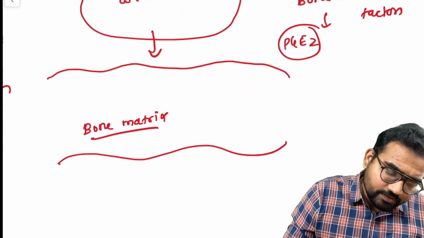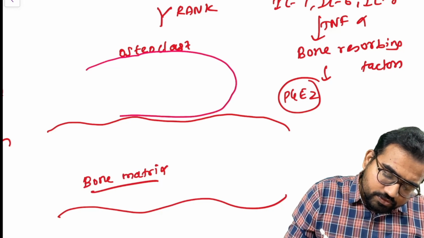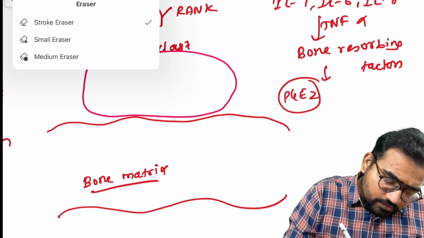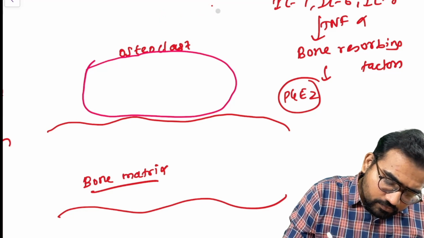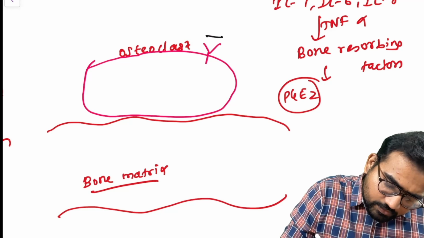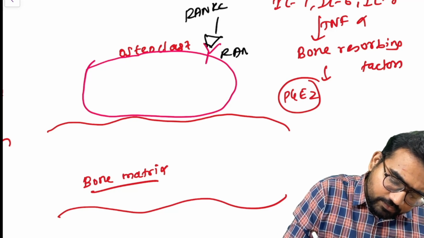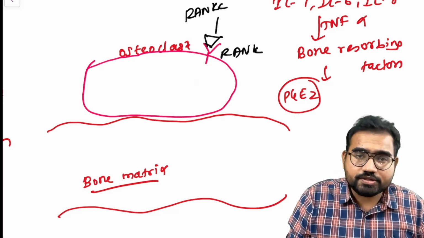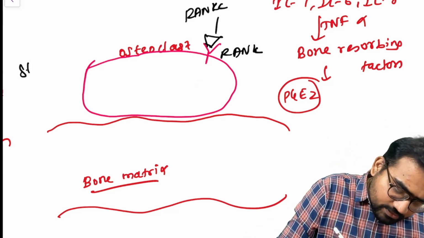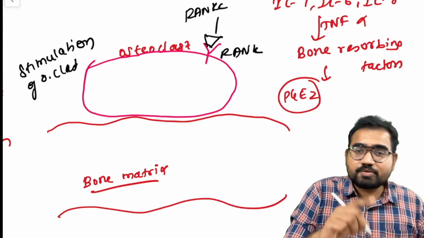This is RANKL, this is RANK. Once RANK and RANKL interact, there is stimulation of the osteoclast, and clast resorption is going to take place.